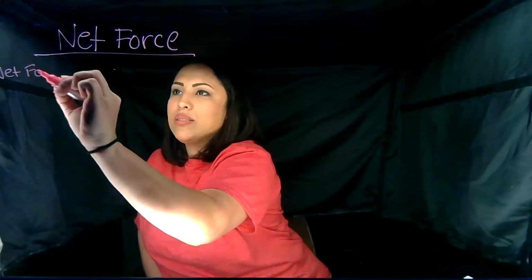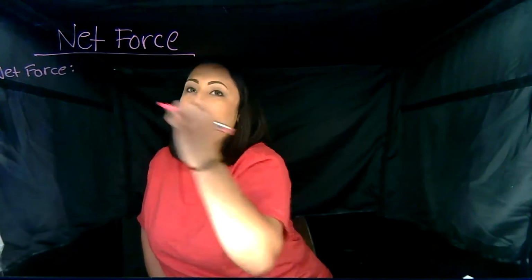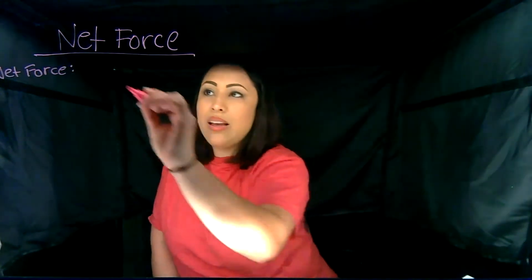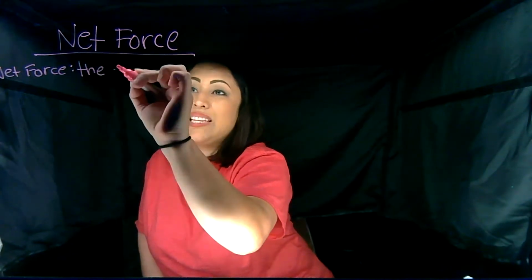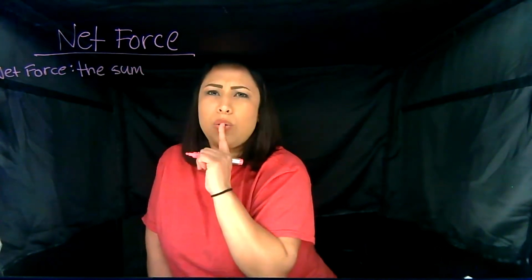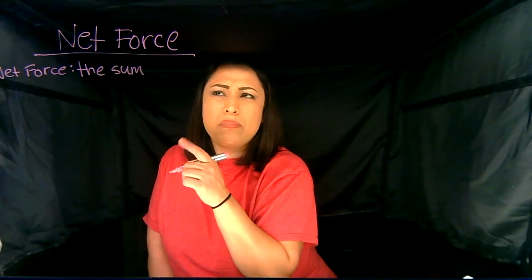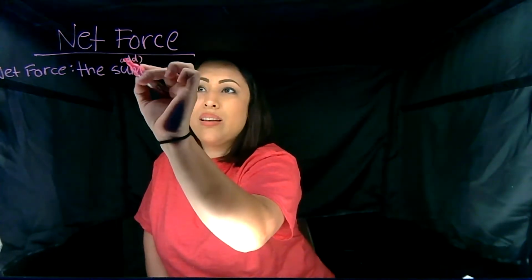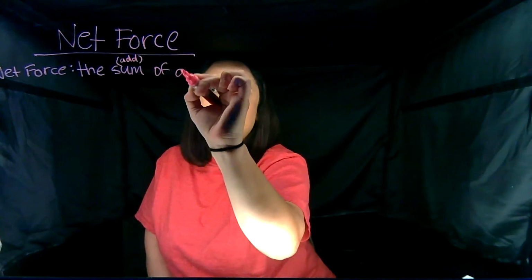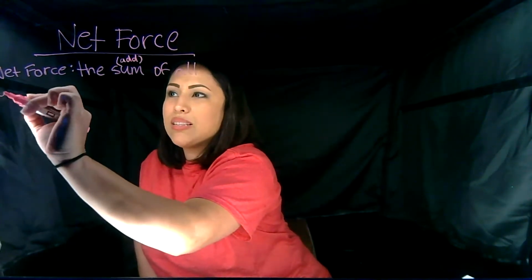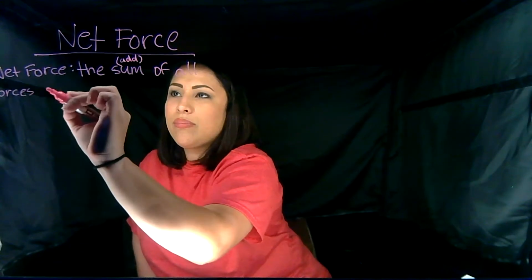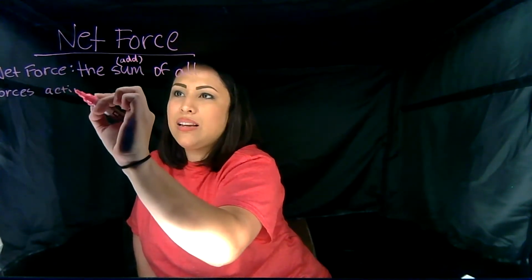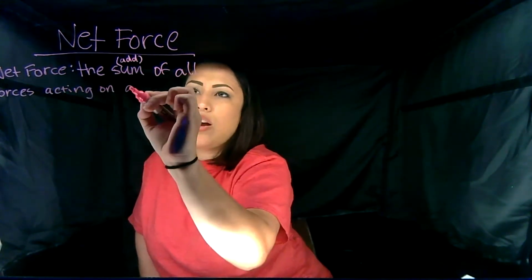Net force. And what do we say that was? The sum. What does it mean when we see sum? Just the total, right? Total, we would add the sum of all forces acting on an object.